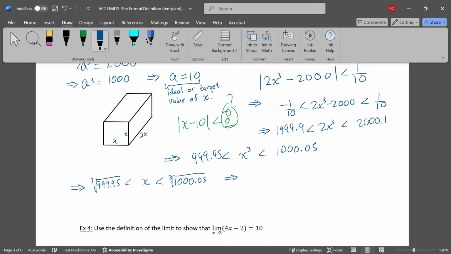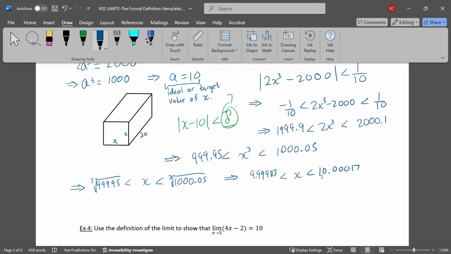And if we were to plug that into a calculator, we get that x is between roughly 9.99983 and 10.0007. Now we get kind of lucky here that this function is a cubed root.